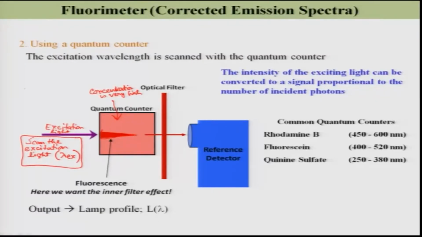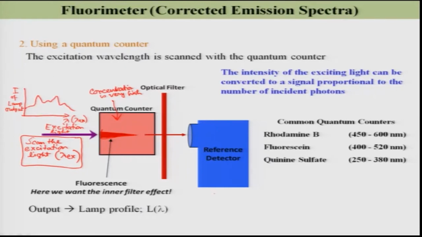So let me draw over here the intensity of lamp output versus lambda. That lambda is going to be used as lambda excitation. Let us say the spectra in this region looks something like this.